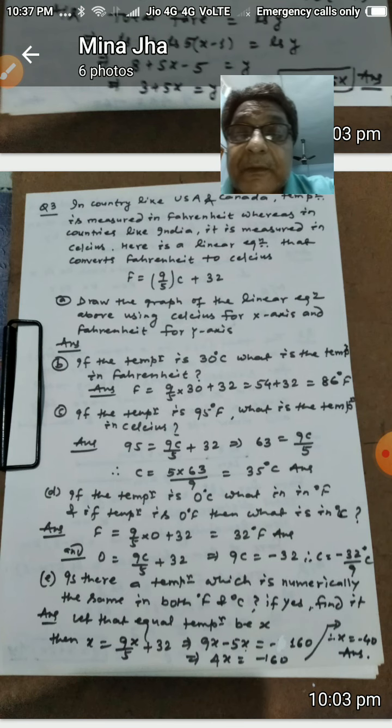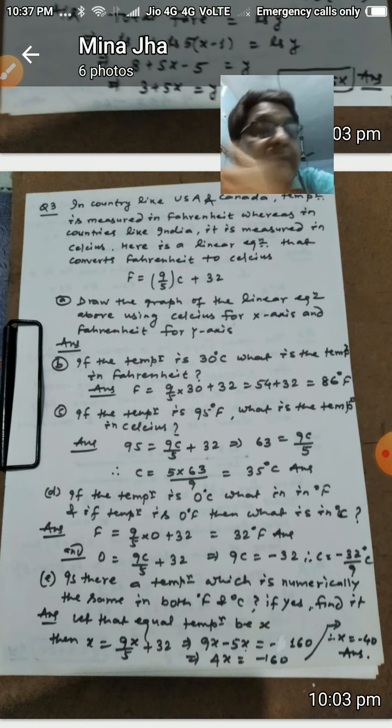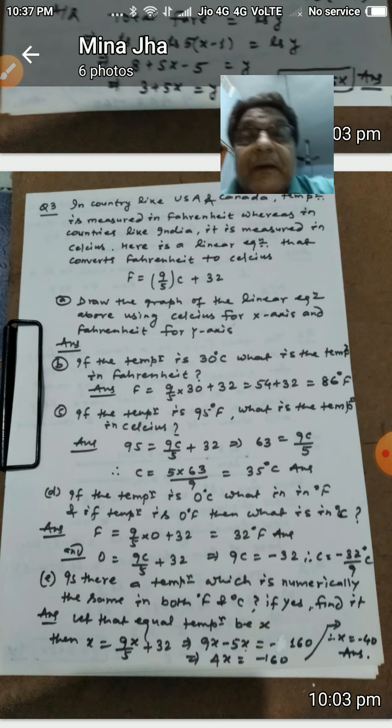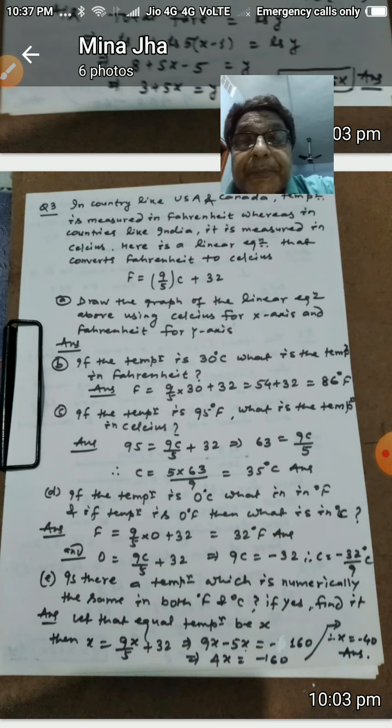Next question is, if the temperature is 30 degrees Celsius, then what is the temperature in Fahrenheit? So you will take the equation, write F equal to 9 by 5 C plus 32 and put in the given value in centigrade, that is Celsius. So in place of C put 30 degrees and then calculate; it comes to 86 degrees Fahrenheit.